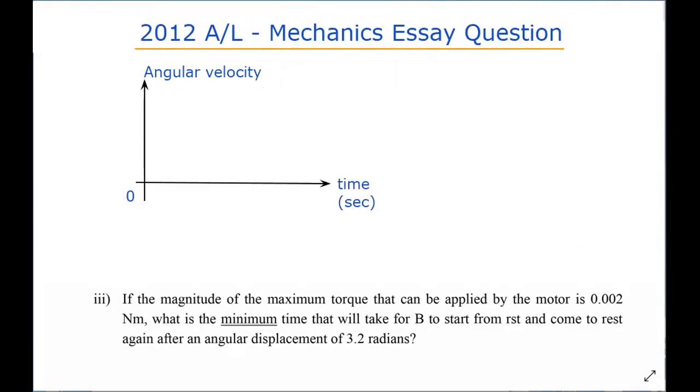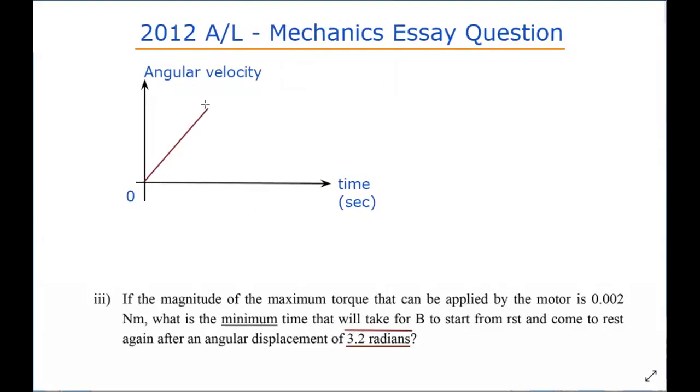During that, the angular displacement should be 3.2 radians. This is the condition that we want to satisfy. Right? Look at the board here. Starting from rest, obtain a certain maximum velocity and come to rest again. So they ask us to find the total time taken for this motion.